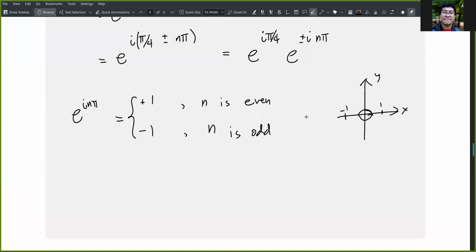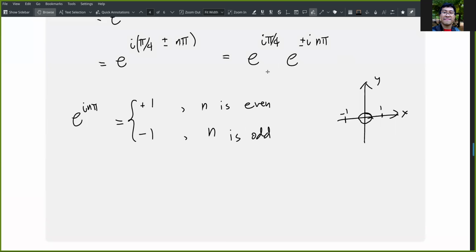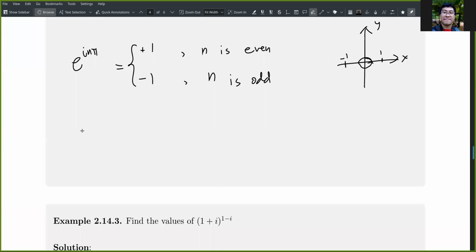So regardless of this being plus and minus here, we only have two values for this term here. It is either multiply this by plus 1, or minus 1. So i to the power of 1/2 is equal to plus and minus e to the i pi over 4.